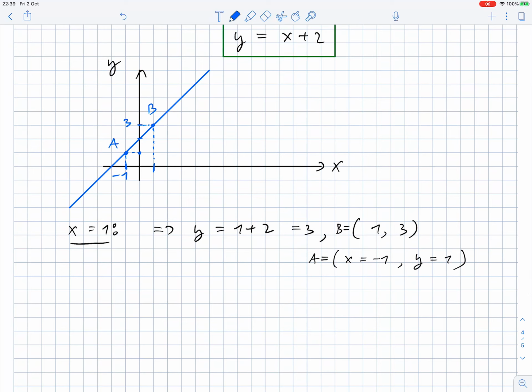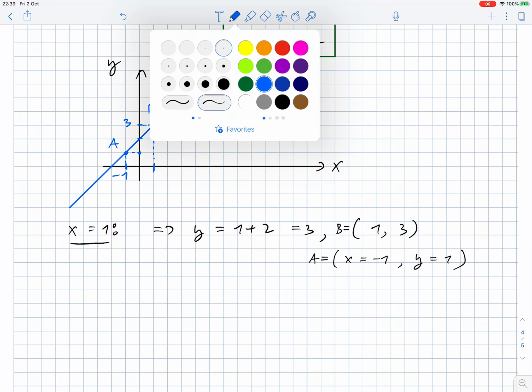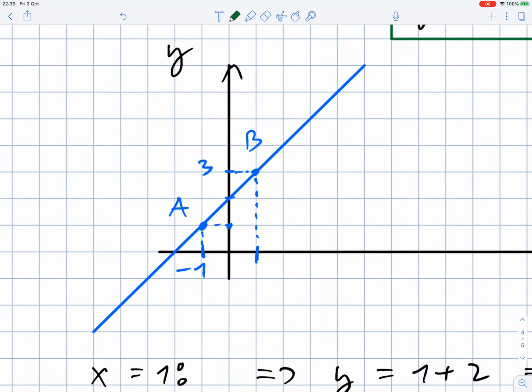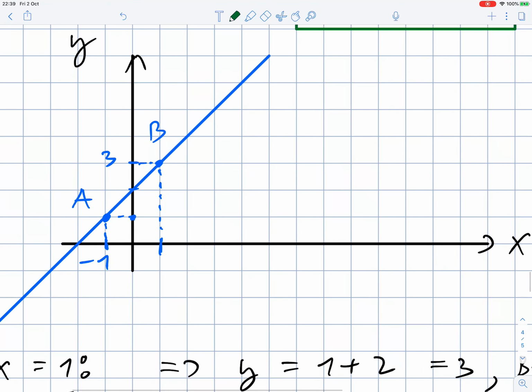Again, we can ask ourselves what the crossover points are between the linear function and the x and y axes. Let's first find the crossover point between the x-axis and the linear function. I'm talking about this point here.